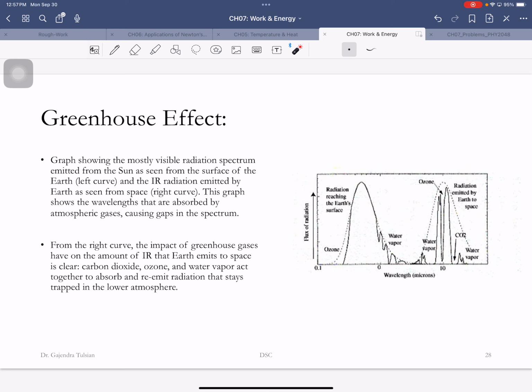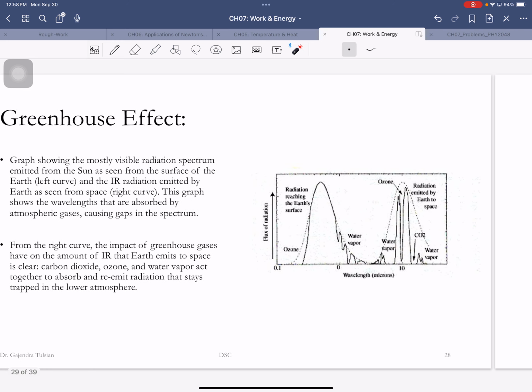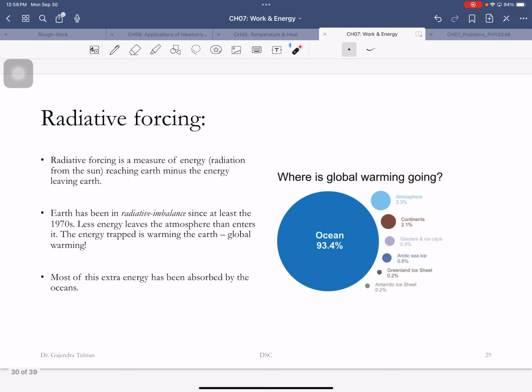Okay, so what this graph shows you is, this is the radiation coming in, and this is what we're emitting, and this is what would get to space if there was no CO2 in the atmosphere. And you see the CO2 is absorbing those wavelengths. So radiative forcing, what that means is what is coming in minus what is going out.